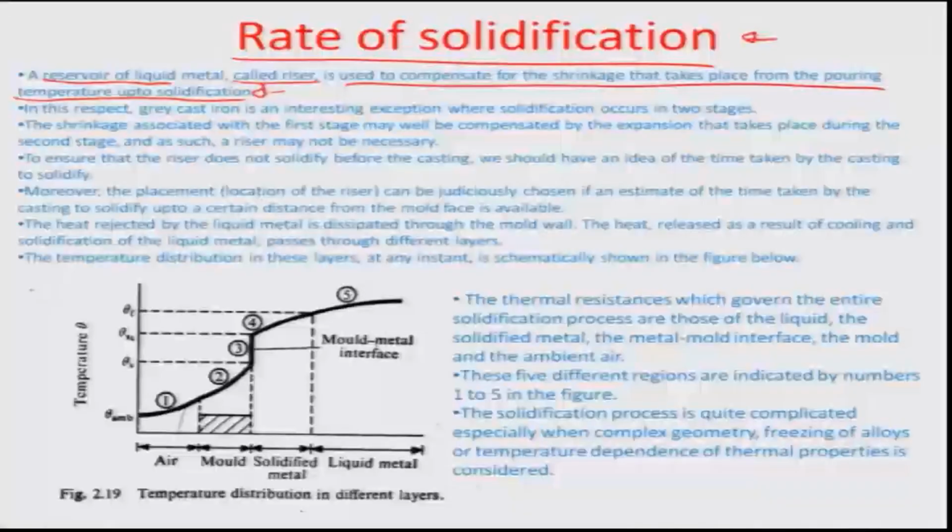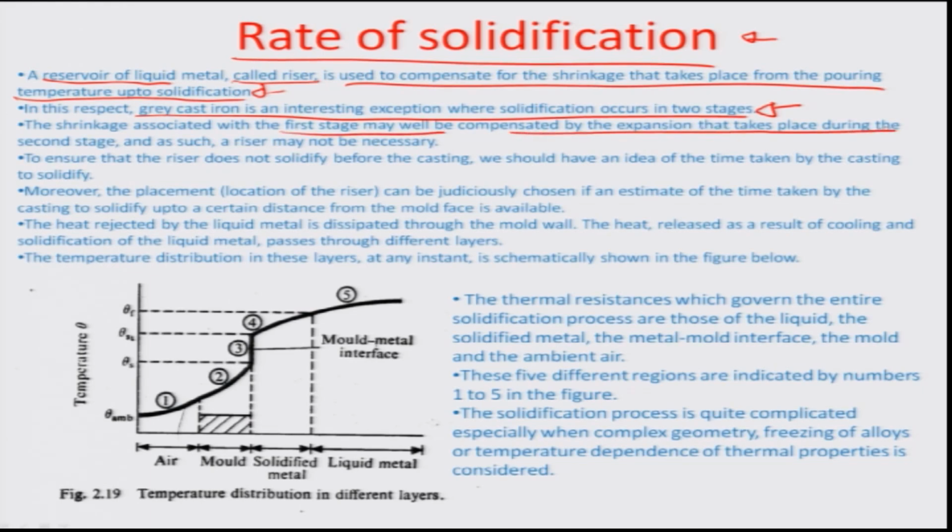So, in this respect, grey cast iron is an interesting exception where solidification occurs in two stages. The shrinkage associated with the first stage may well be compensated by expansion that takes place during the second stage, as such a riser may not be necessary.